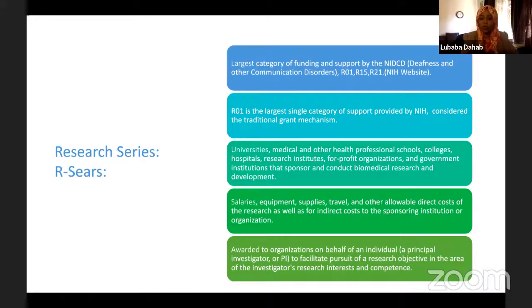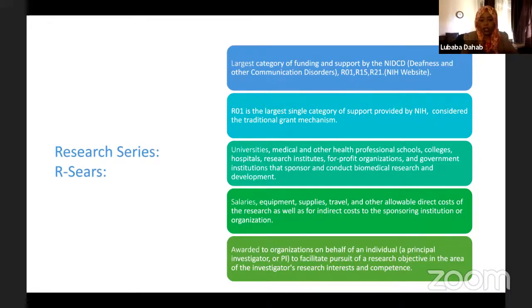Usually it's provided to universities, medical schools, health professional providers, hospitals, etc. These grants usually cover the salaries, equipment, travel, and expenses directly related to the research, and indirect costs to the institution or the organization holding the research.